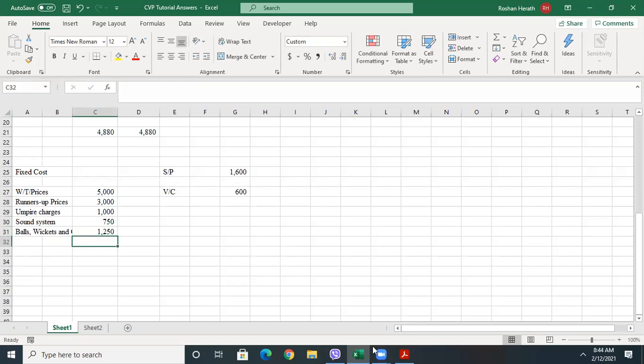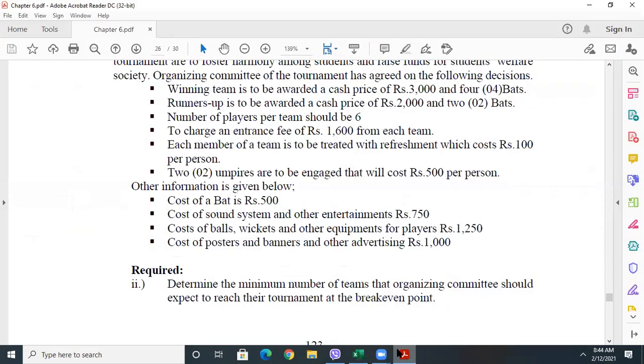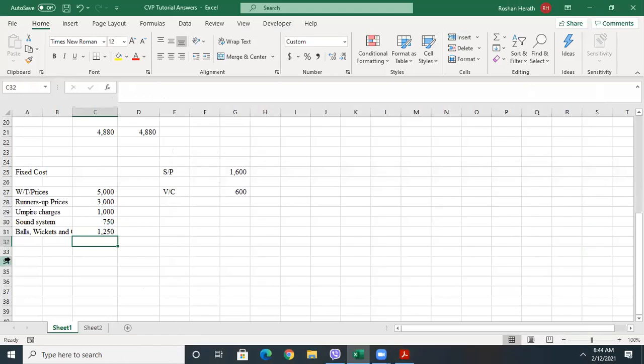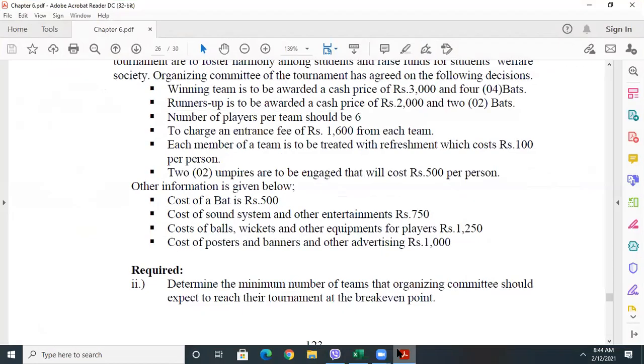It costs you 1,250. Cost of advertising, right? It had cost you 1,000. So consequently, now we have considered everything.